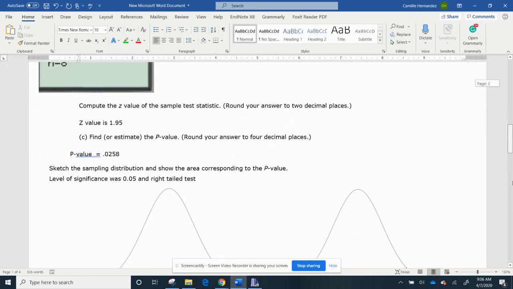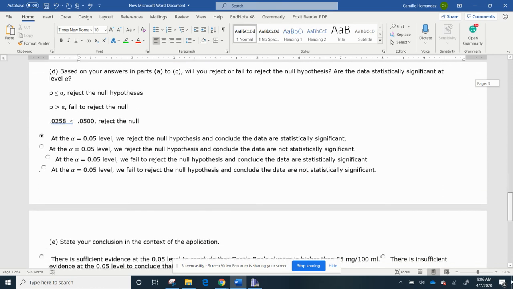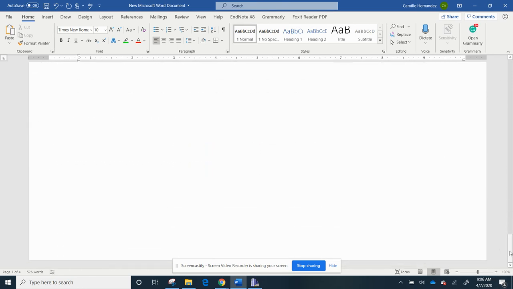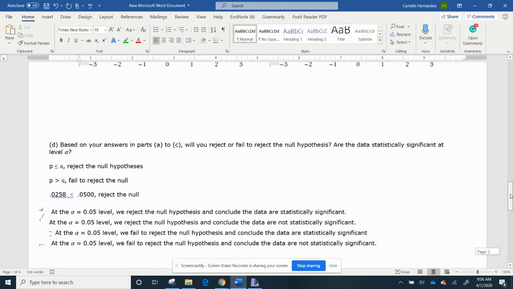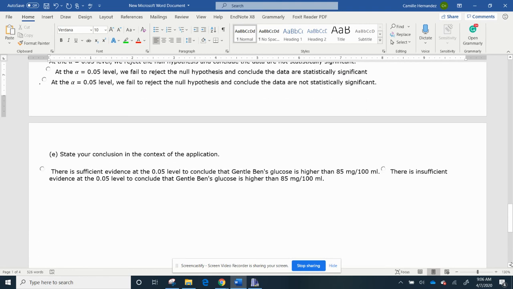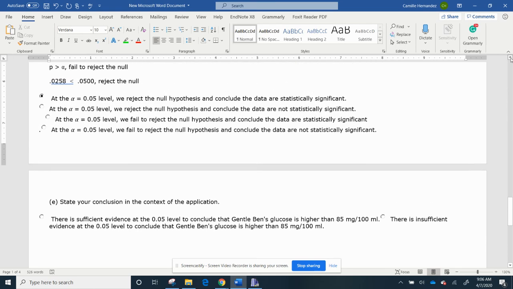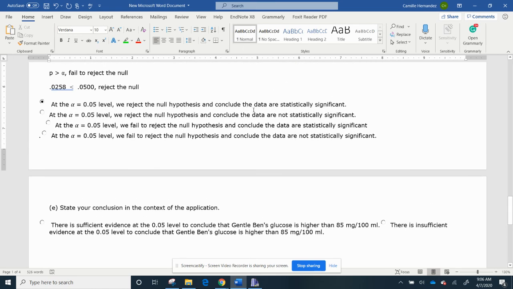So if I go back down here and look at my choices, sorry, my computer's being weird today. Which one will I pick? I did reject the null, and I did find it supported my original claim, so A is true.